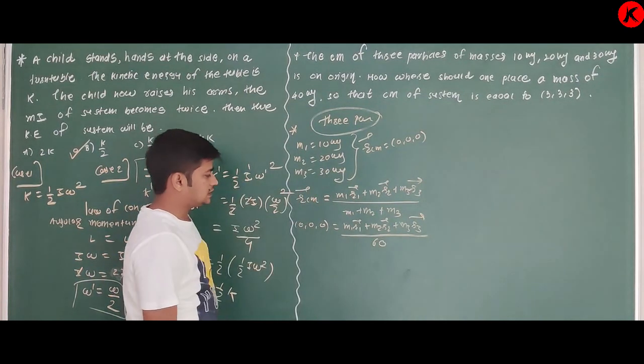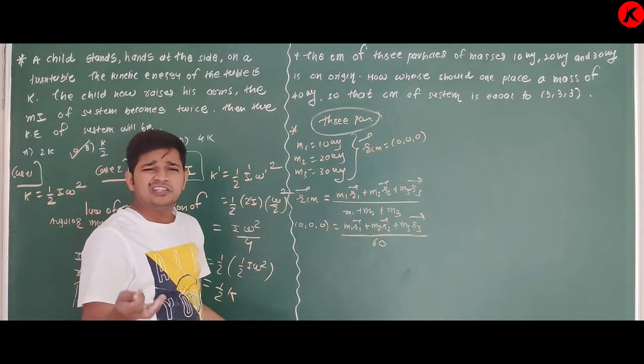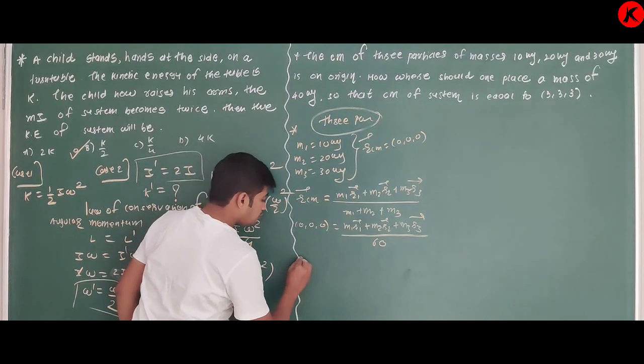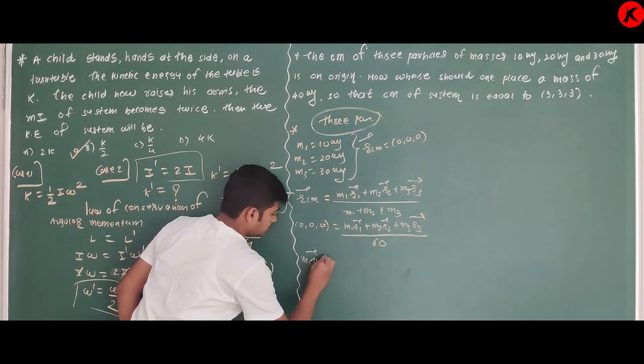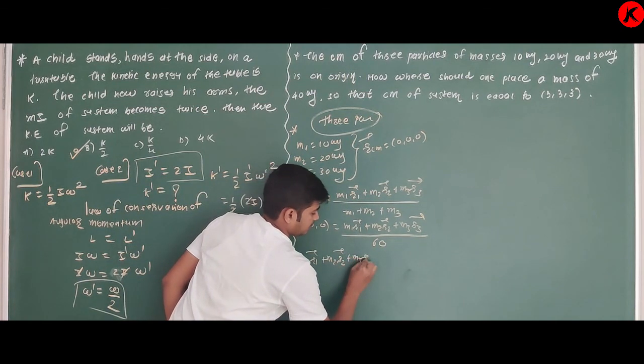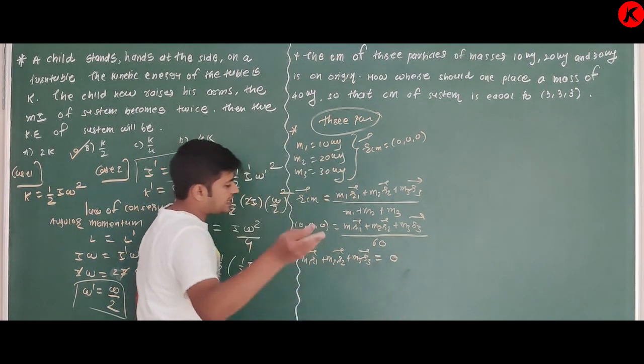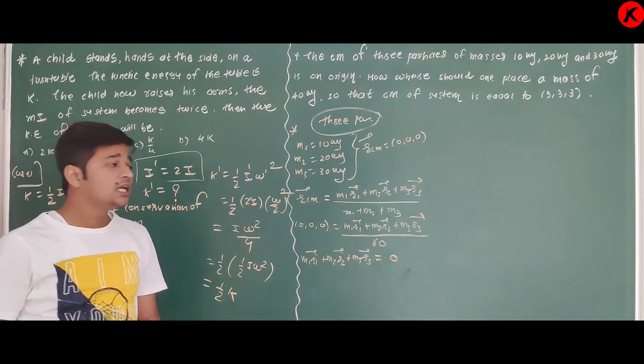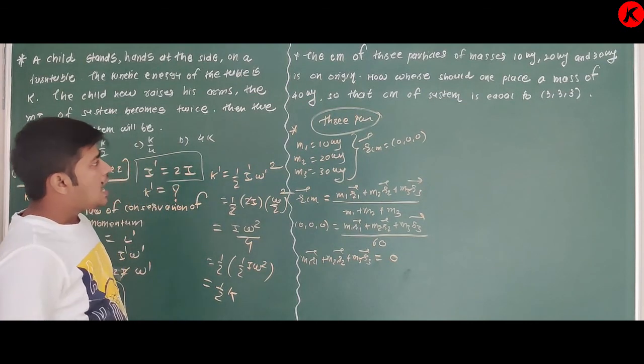If you multiply 60 to this side, it is nothing but 0. So M1 R1 plus M2 R2 plus M3 R3 is equal to 0. Yes. Now what is the question?